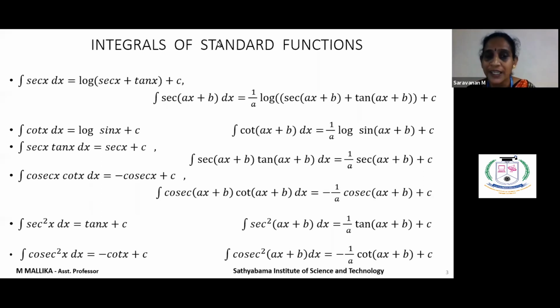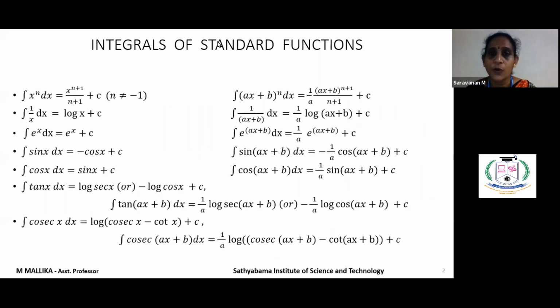As I told you, integration is the inverse of differentiation. Similarly, derivative of tan x is secant square x, which implies integral of secant square x is tan x, and derivative of cot x is minus cosecant square x, which implies integral of cosecant square x is equal to minus cot x. So these are some of the standard formulas under integration.